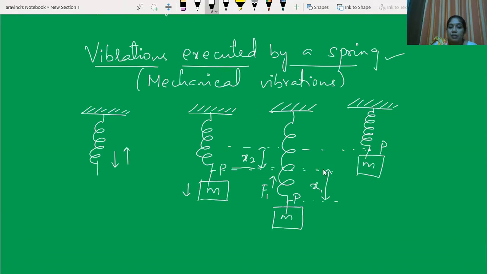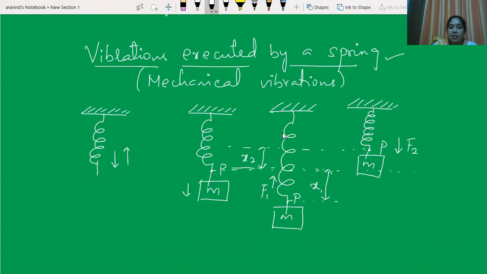So this is the equilibrium position. In the case of contraction, the spring is contracted and hence it has moved up. So this much is a displacement from the equilibrium position. In this case, the spring experiences a restoring force in this direction, so that the P comes to this point.